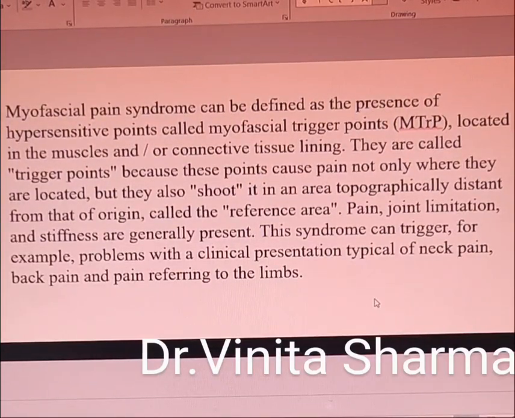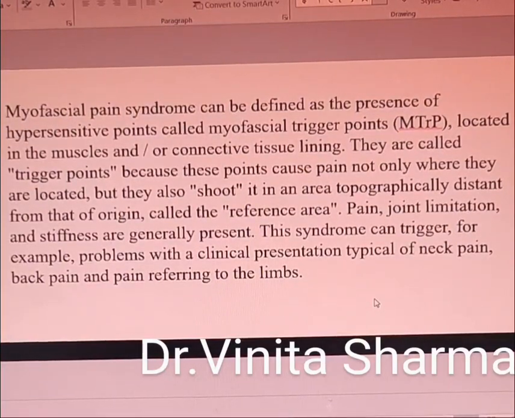So it depends upon the communication which we studied yesterday. Communication is like that: when a trigger point happens, for example on the upper fibers of the trapezius, it will spread throughout the fiber.